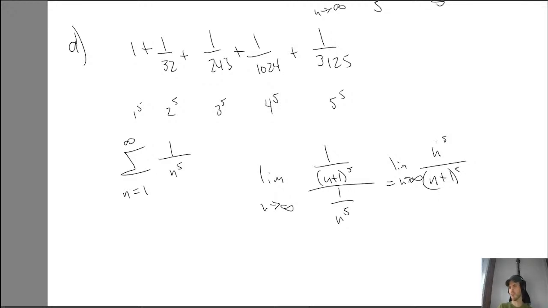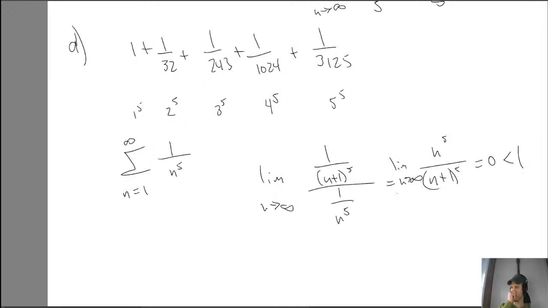And this is equal to 0, which is less than 1, so this converges. Is this equal to 0?